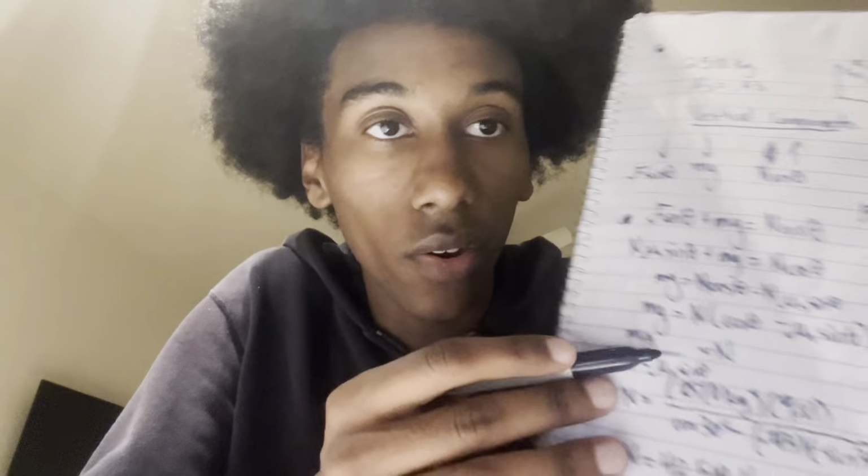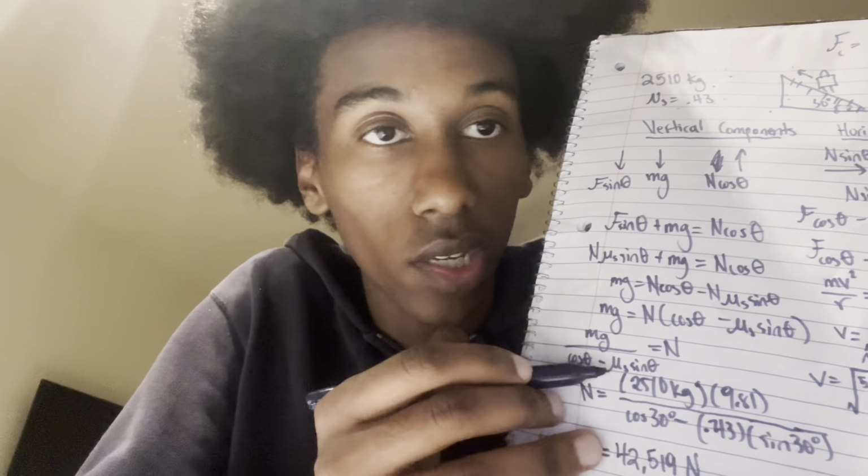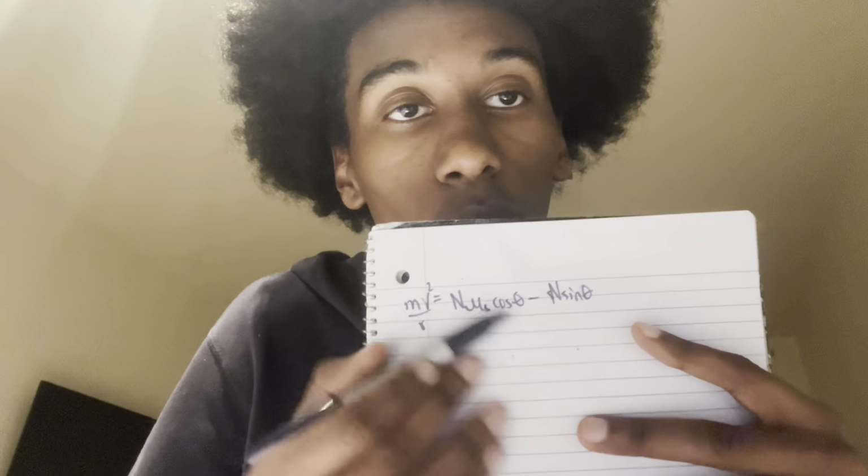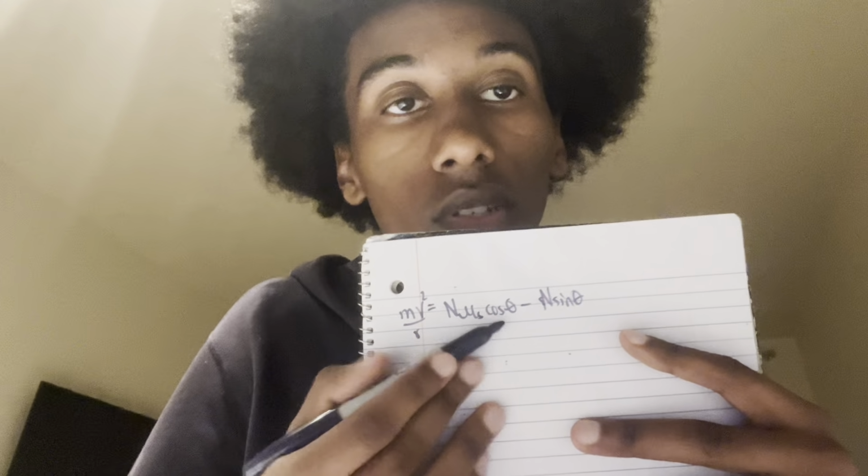Previously we figured out that normal force is equal to this equation right here: mg over cosine theta minus coefficient of friction times sine theta. So rather than solving for that immediately, I will instead pull out the normal force from both of these terms, and I'll do something that looks like this.